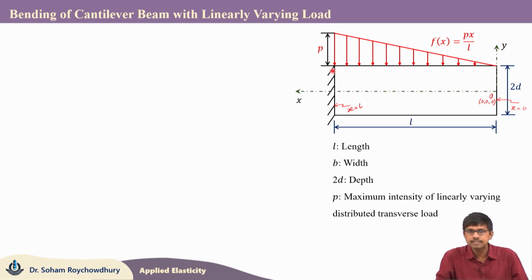So, L is length, B is width, 2d is overall depth or thickness, P is the maximum intensity of the linearly varying distributed transverse shear load, which occurs at the cantilever or built in end or at the left edge.